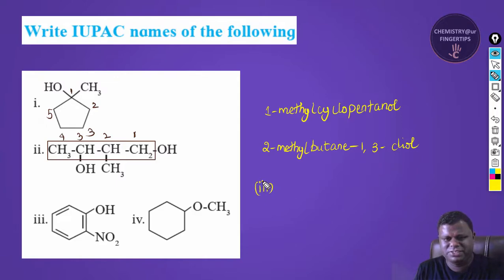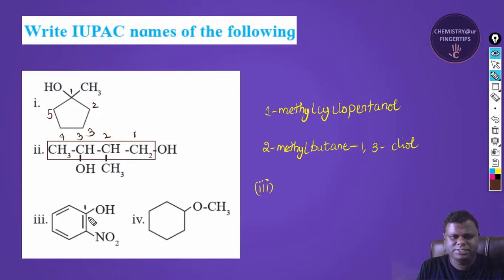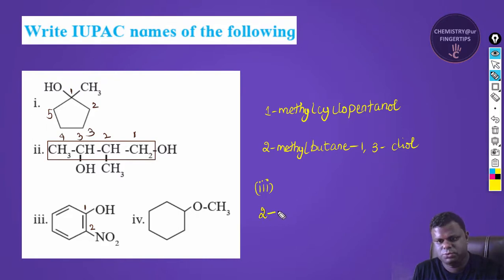Third one is pretty much easy. Okay, so you have, this is the major functional group, this is the secondary functional group, so it's going to be 2, sorry, okay, it's going to be 2-nitrophenol. Okay, and then you have the fourth one, it's going to be methoxy, right?